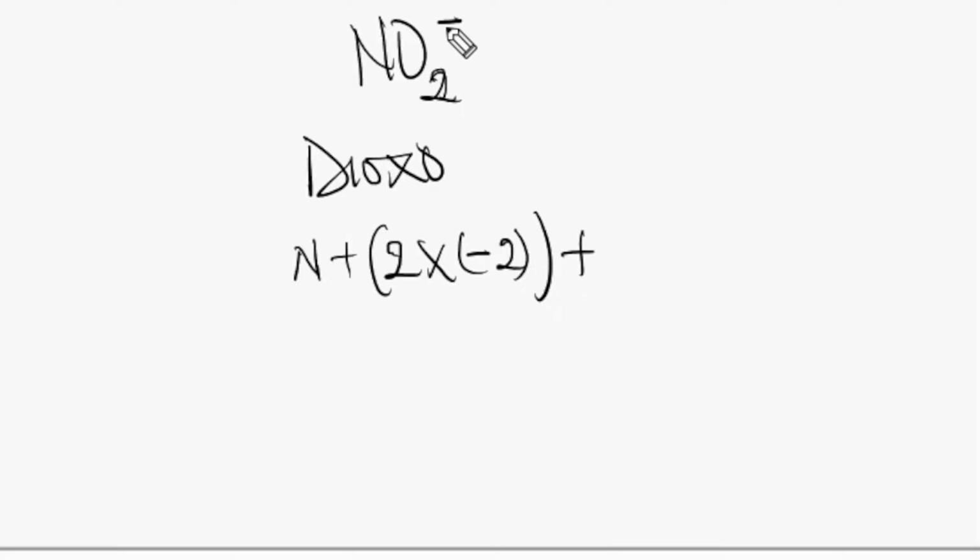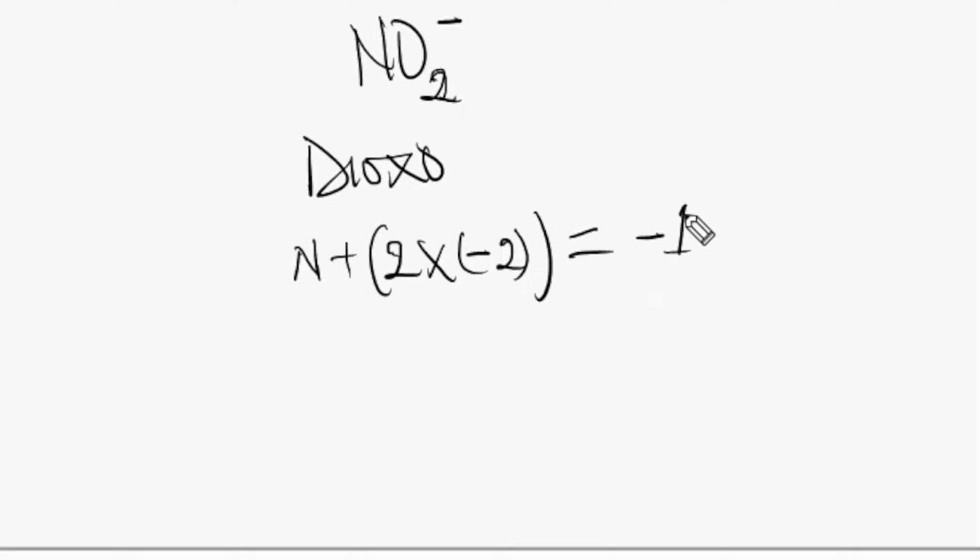So guys, we are going to add 1 because of the presence of this negative sign here, +1 is equal to 0. Or another way we can go about this is, instead of equating this to 0, we'll just write this and equate it to -1.